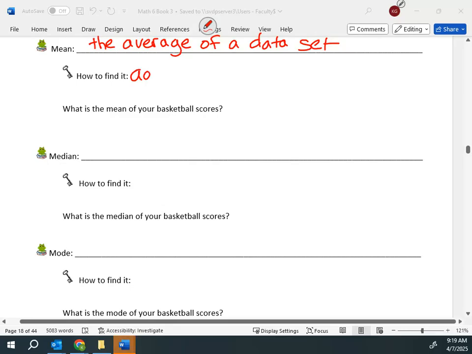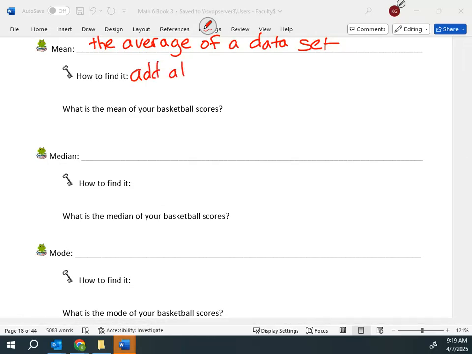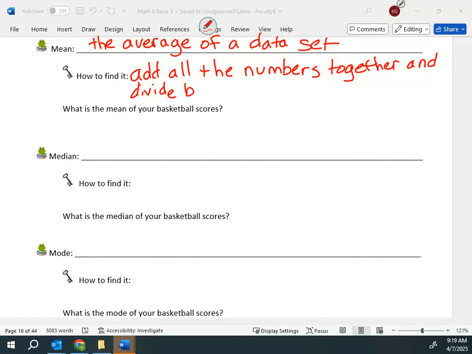Like we just talked about, you add all the numbers together and divide by how many numbers there are.